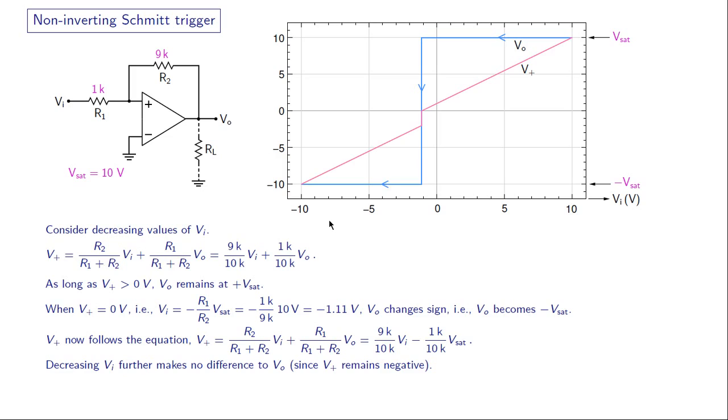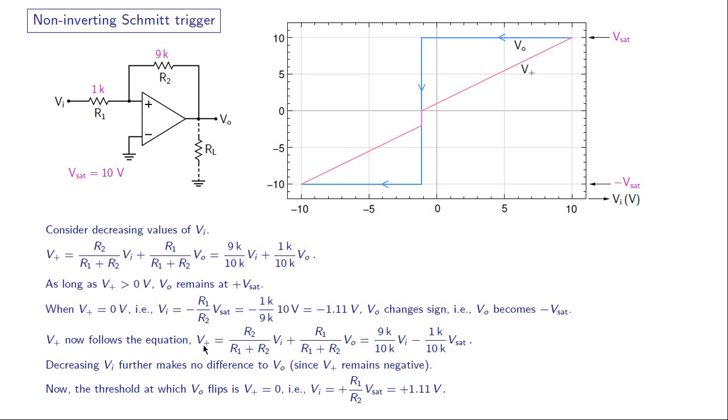Okay, now let us consider Vi increasing. So we go in that direction now, and V plus will also increase, and at some point V plus will cross 0, and that is where VO will flip from minus Vsat to plus Vsat. And what is Vi at that time? So what is the threshold?